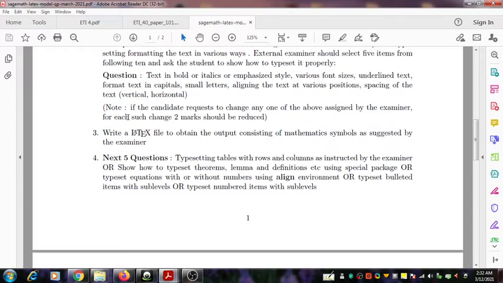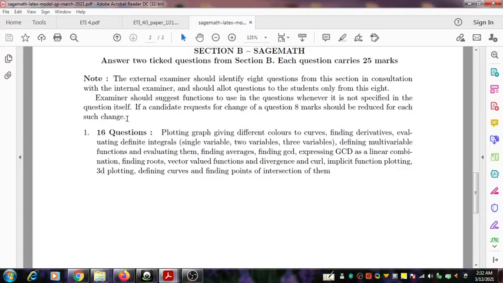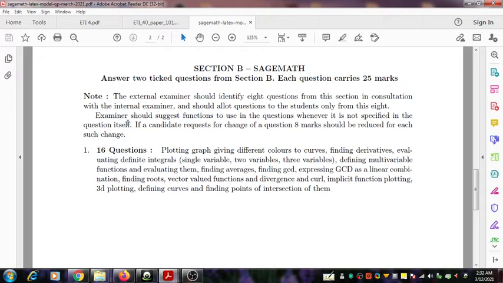Next, coming to the SageMath topic. Here 16 questions will be given in the question paper, and the external examiner should identify 8 questions in consultation with the internal examiner, and should allot questions to the students only from these 8 finally selected questions.